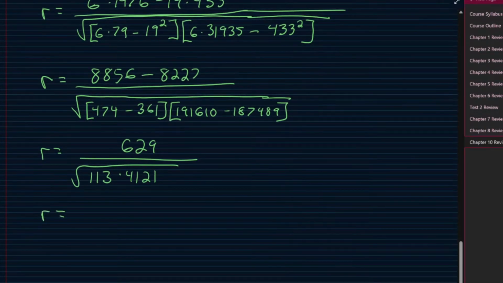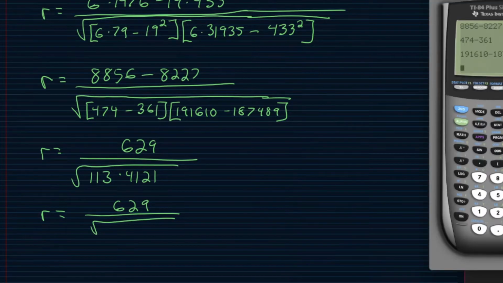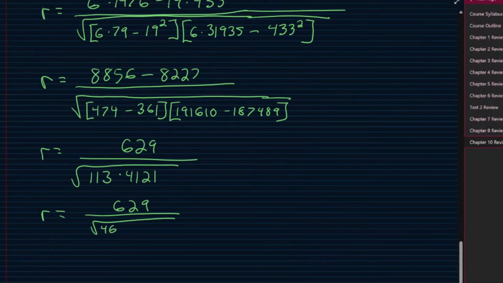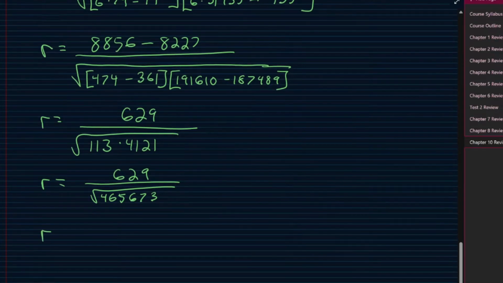Almost there. So it's really 629 over the square root of 113 times 4121, which is 465,673. I guess at this point I can just plug this in and see what we get.